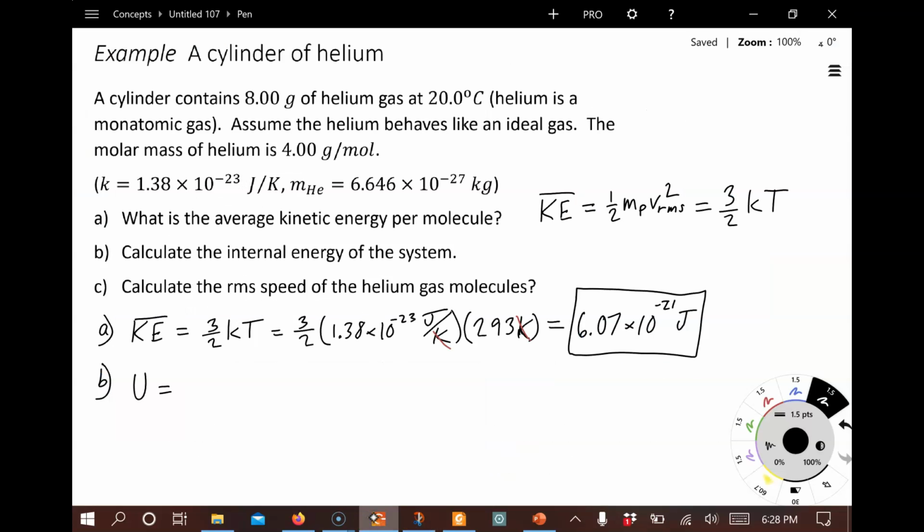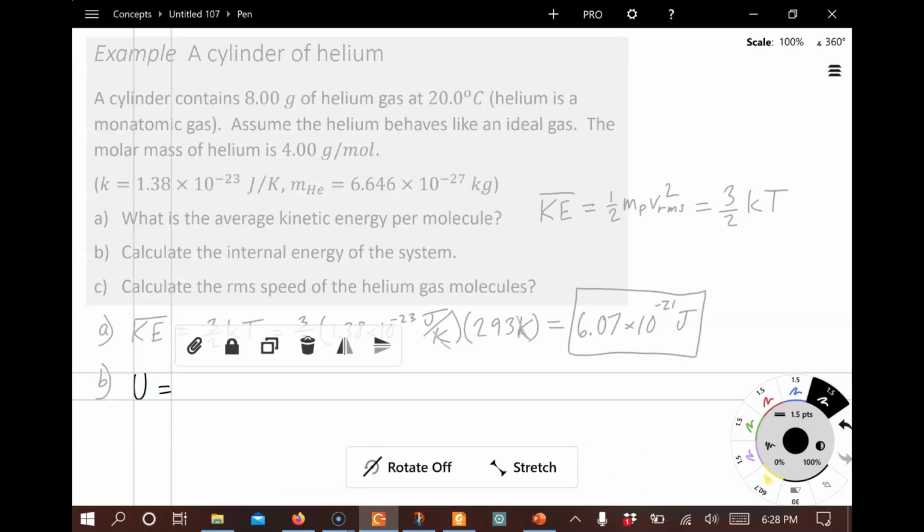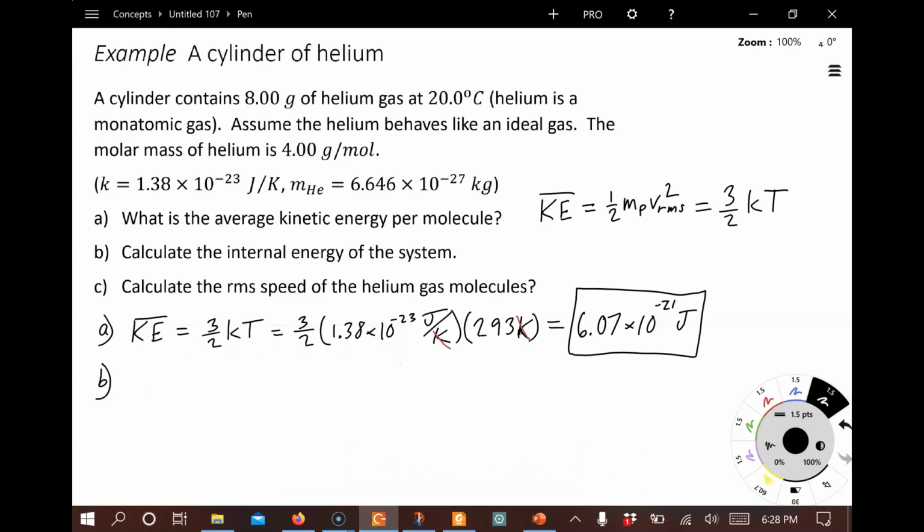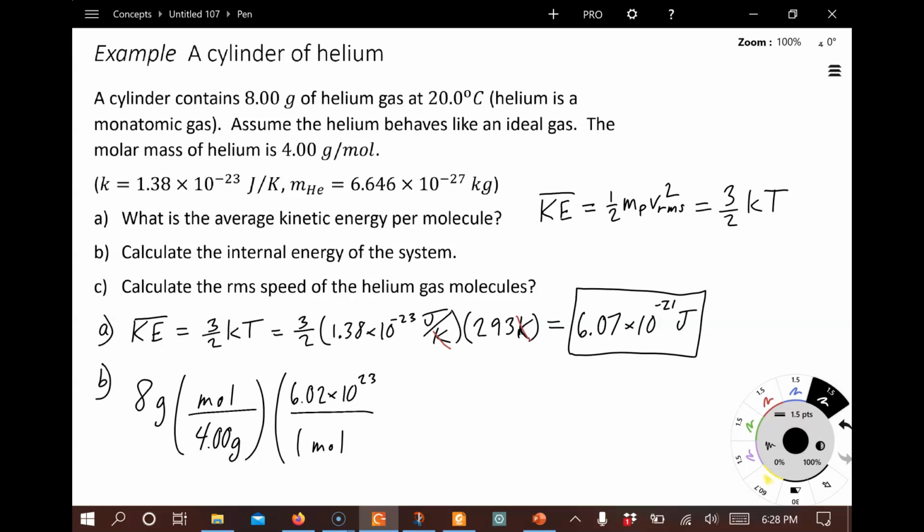So in this case, let's try to figure out how many particles there are. I know that there's 4 grams per mole, and I can use Avogadro's number to convert from moles to numbers of particles. So let's go ahead and do that. Before we calculate U, we're going to say, all right, I've got 8 grams of helium. Let's convert that to moles. So there's 4.00 grams of helium per 1 mole. And using Avogadro's number, we know that for 1 mole, we've got 6.02 times 10 to the 23rd particles, or in this case atoms, of helium.